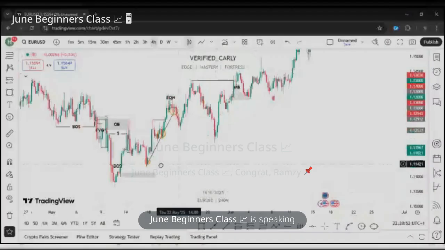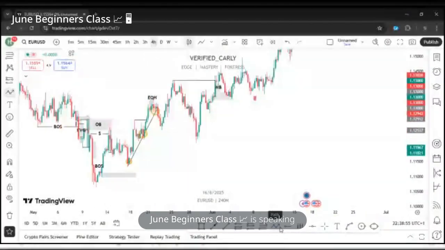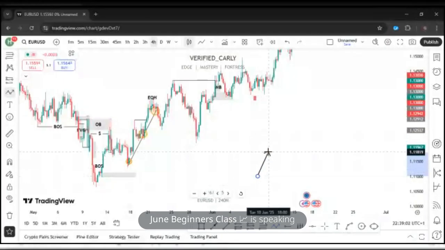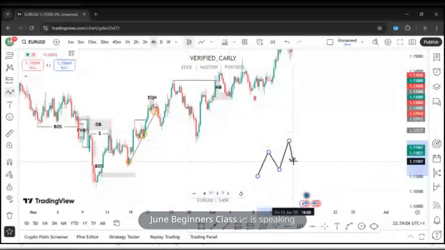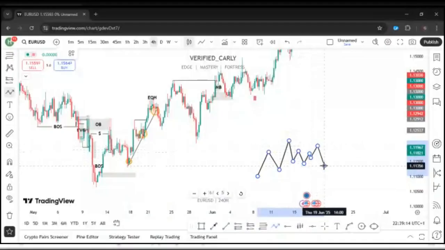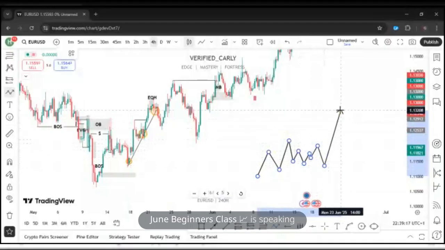So the brief thing that I want to tell you guys on this strategy is, in a bullish market, let me give you a simple beginner strategy that you should understand. In a bullish trend, the market is going up, right? Wait for the market to form liquidity within your point of interest, and wait for price to take out that liquidity and tap you in before heading in your direction.